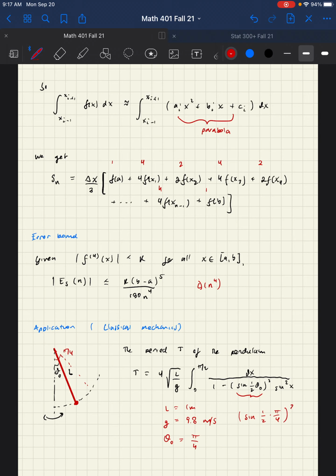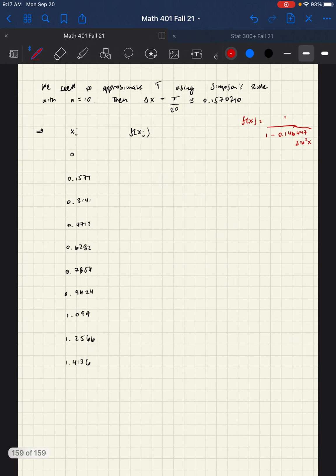So I took this and I plugged in pi over 4 and squared it. And I approximated because we're using a calculator, so there might be some round off error here. You'll have to be careful about that. That's not something that we're going to focus too much on here because it's beyond our scope. But in a proper numerical analysis class, that is something that we would have to worry about.